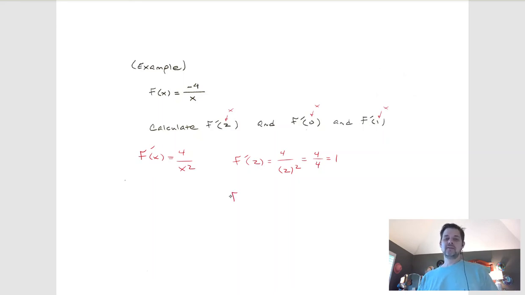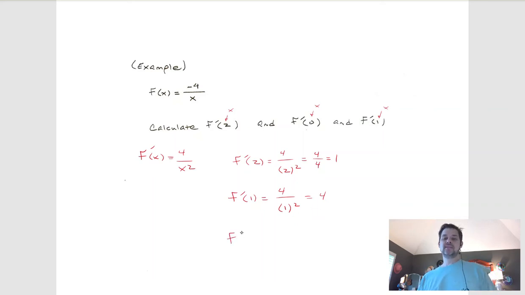What about, let's do f prime of 1 next. See this one over here? So that'd be 4 over 1 squared. See that? My derivative is 4 over x squared. So that's going to be 4 over 1, so that's 4. All right, so if x is 1, the derivative is 4, or f prime of 1 is 4.